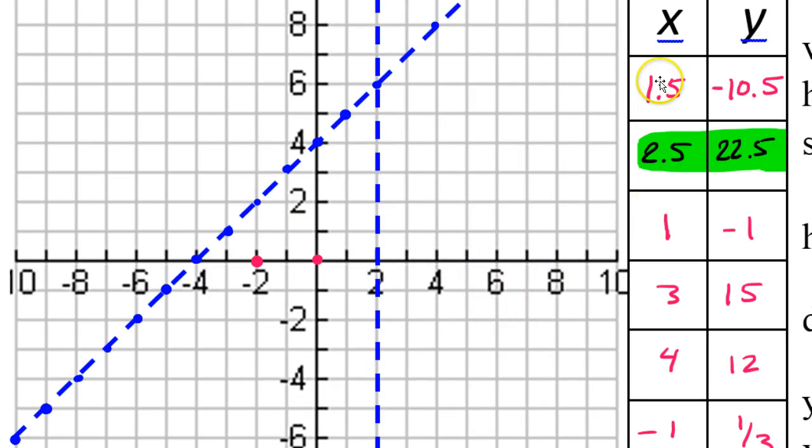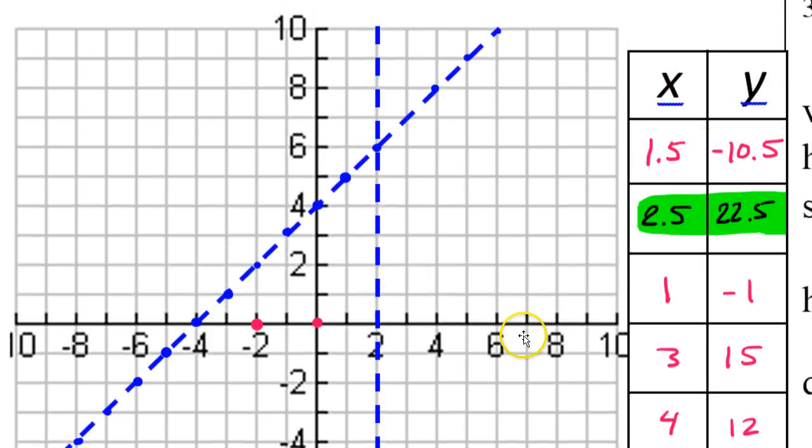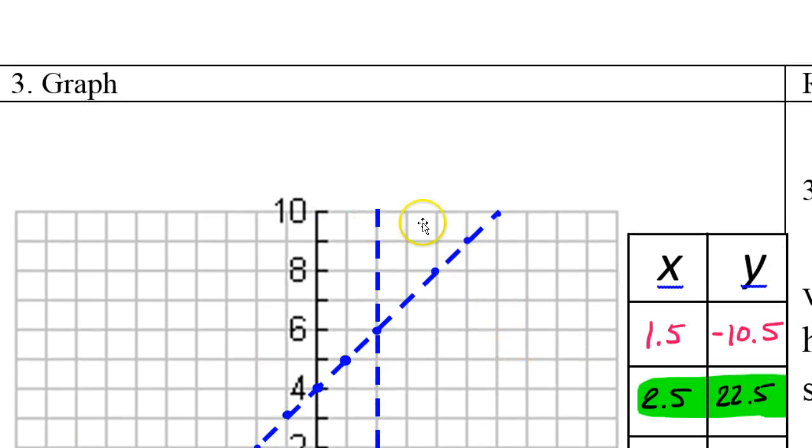Now here I have found the rest of the values in the same way. So I'm just going to plot all of these points on the graph right now. Now 22.5 is way too big for me to fit on this graph. But the rest of these, I'm going to try to make them fit. Even the 15 and the 12, those are pretty high. But I think I'll be able to just stretch these out a bit.